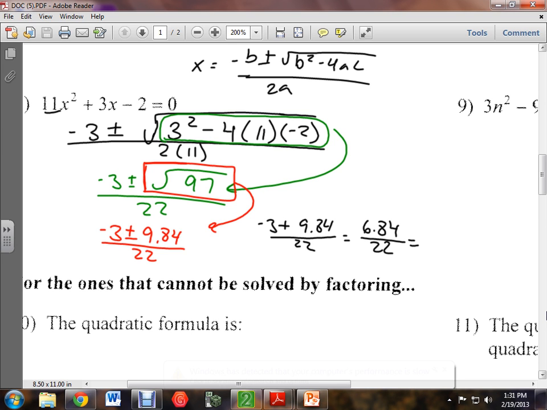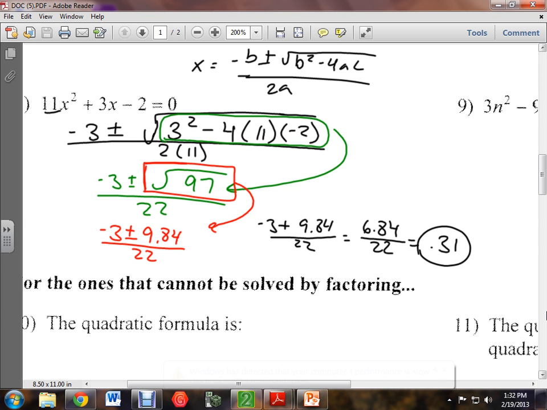I'm going to guess in the 0.2 range. What did you get? All right, so 0.31 is what it starts with? Okay, good. I was a little off. That's all right. So 0.31 is the first answer.